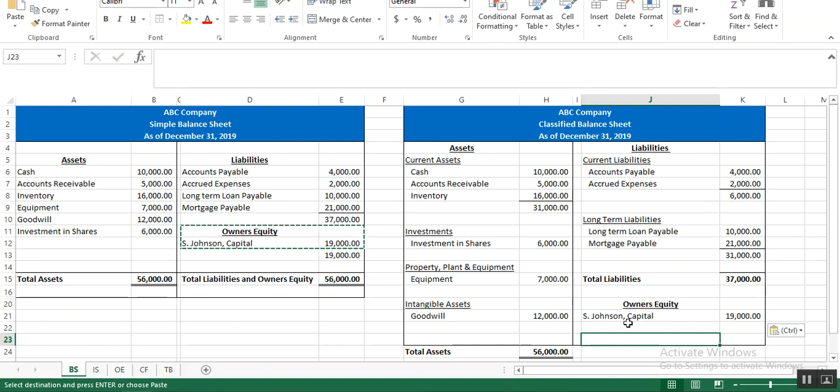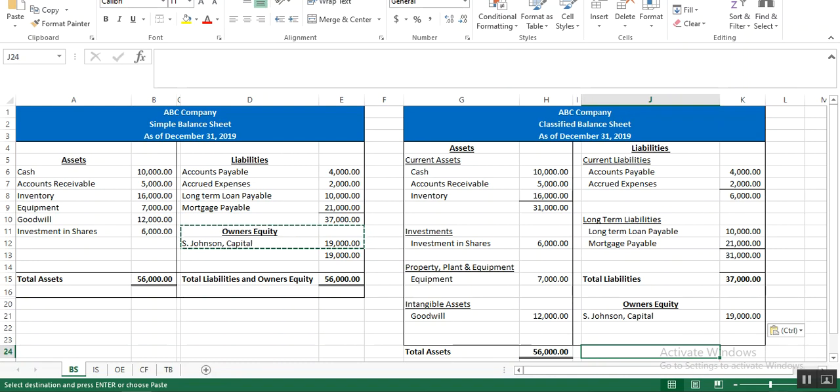There's no further classification needed for the owner's equity section, because for a sole proprietor it's either the capital account or the withdrawal account. And because they tell us there aren't any other owner's equity accounts, we know that there's only one.